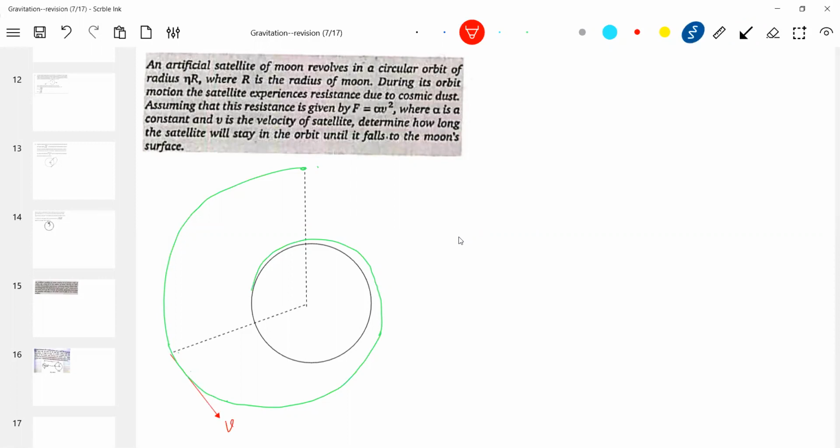There's a velocity vector, and the angle between them is theta, where theta will be less than 90. That's a strict condition because of viscous drag. And the viscous drag should act opposite to this velocity vector.